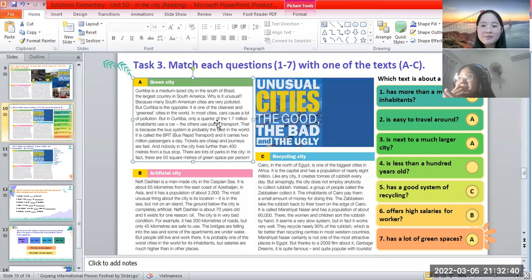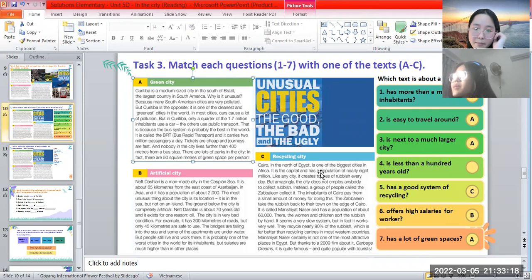So where can you find the information? I think the answer would be C. Yes, we can see here the first sentence of paragraph C: Cairo in the north of Egypt is one of the biggest cities in Africa, and it is the capital and has a population of nearly 8 million.